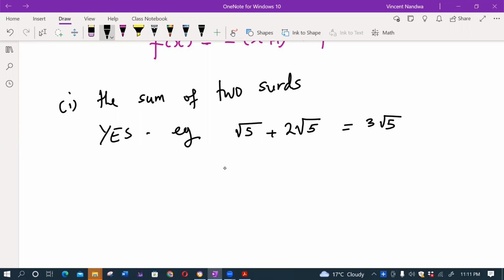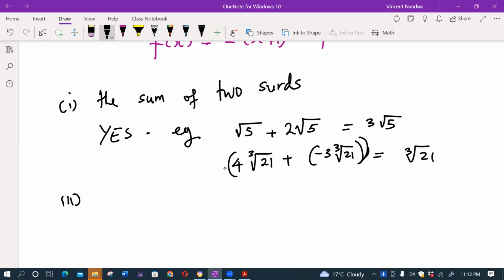Or if we have 4 cube root of 21 plus minus 3 cube root of 21, this gives us cube root of 21, which is a pure surd.